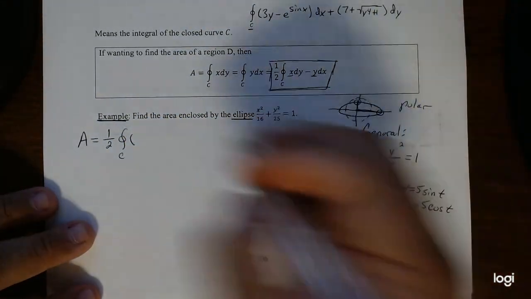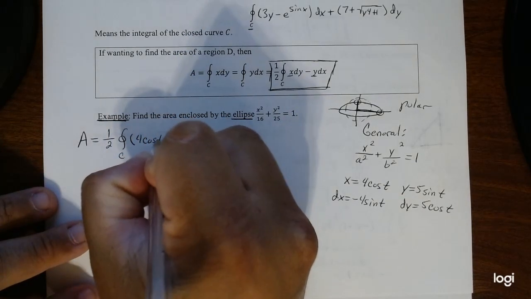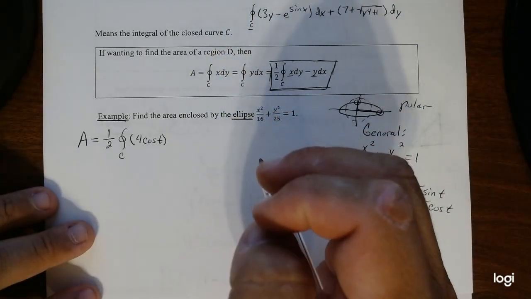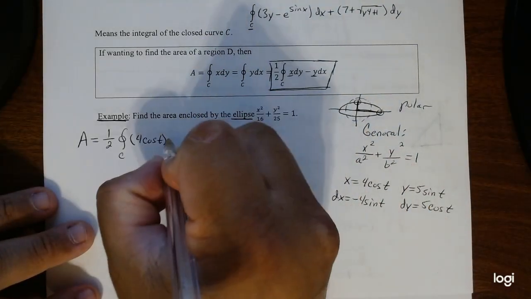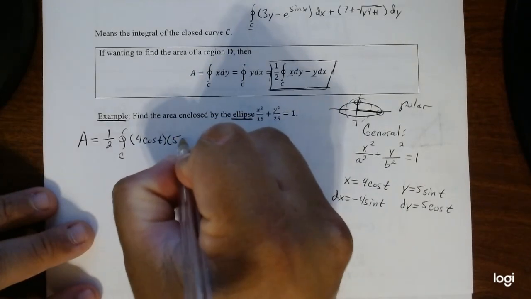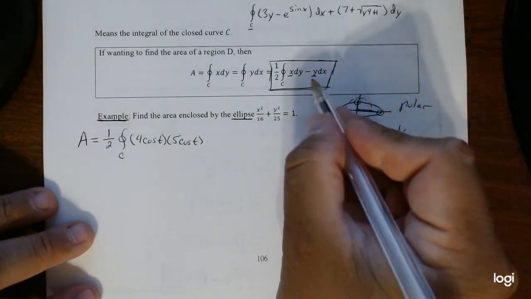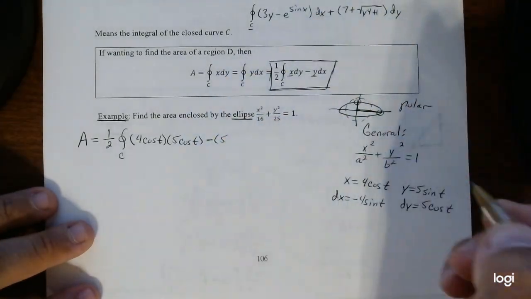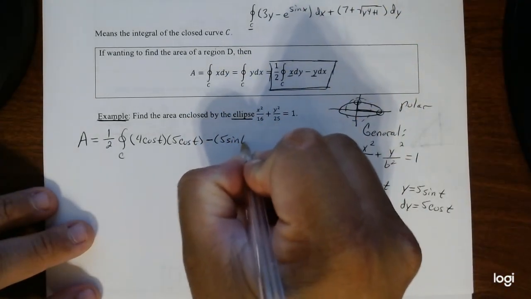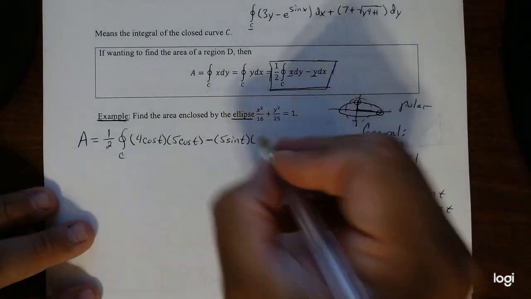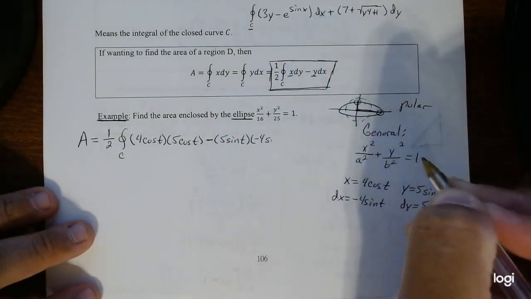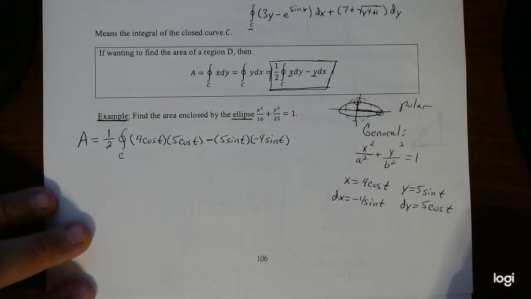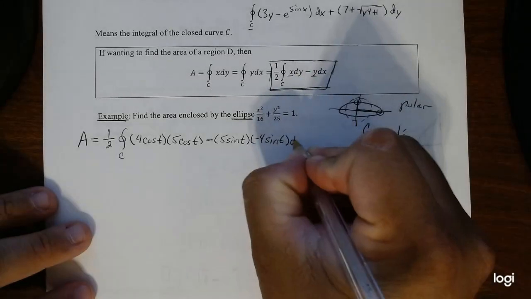So it's going to be x, so 4 cosine t, dy, which is going to be 5 cosine t, minus y, which is 5 sine t, times dx, which is negative 4 sine t. Okay, and this is dt.